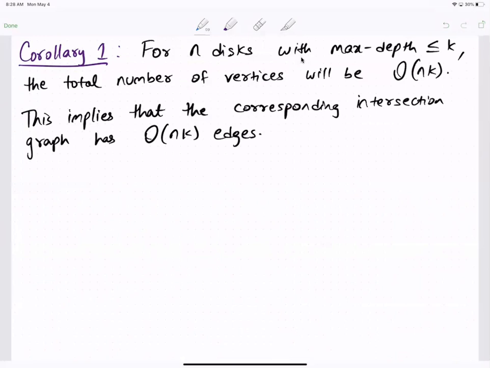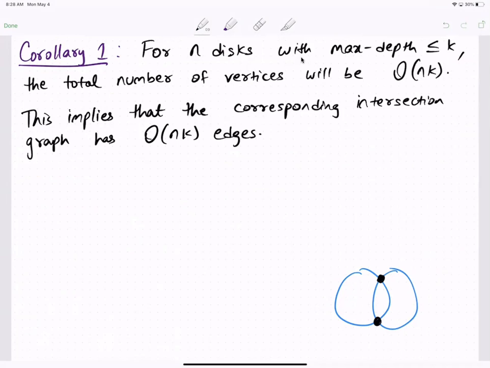We are saying the number of such black vertices is order of nk. And now every edge, because these blue disks intersect, there will actually be an edge in the corresponding geometric intersection graph.